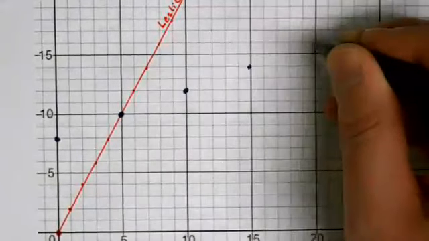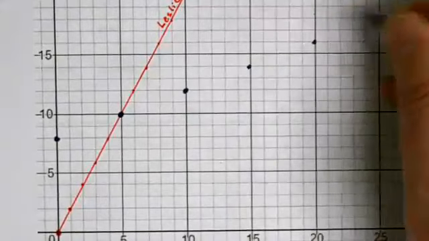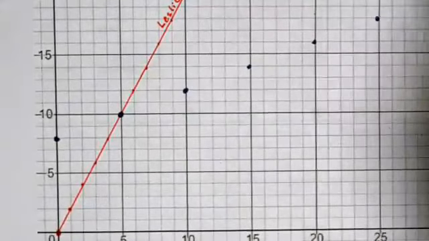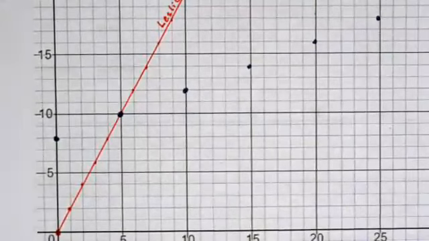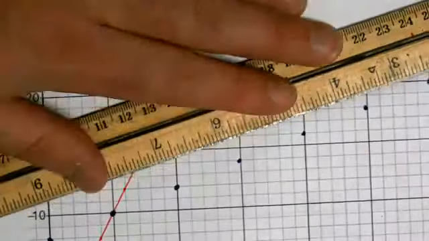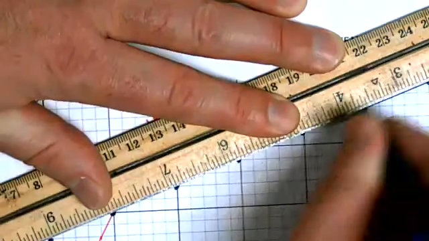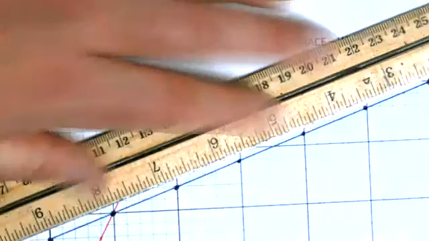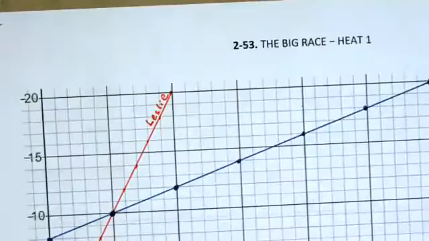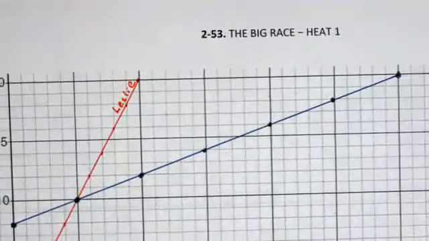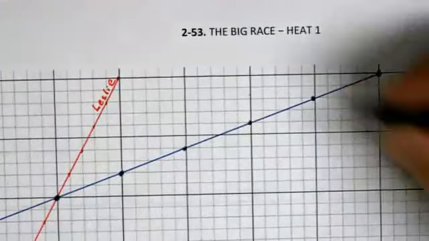We're going to keep going until we go off the edge of the graph. And we'll label this Kristen.